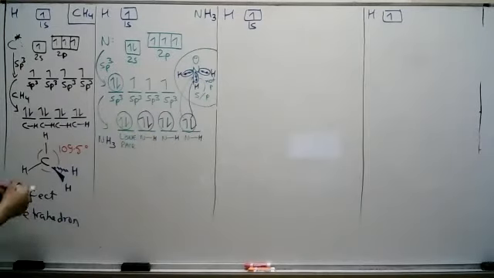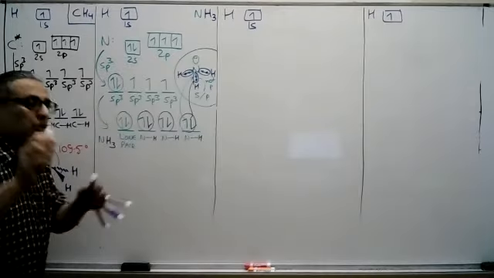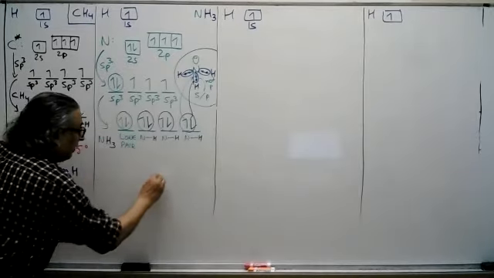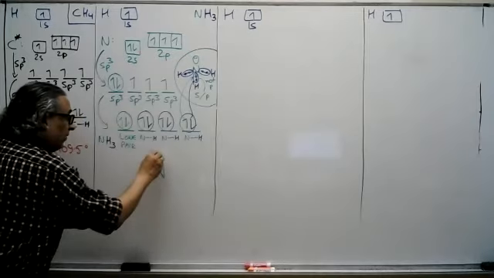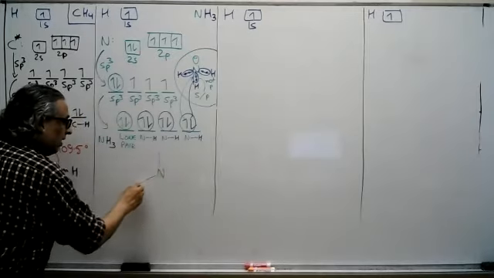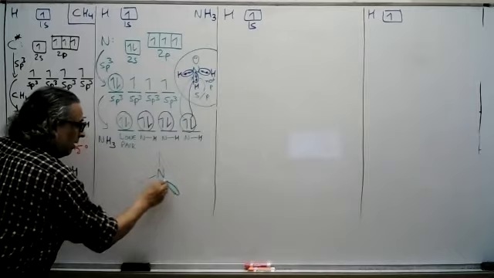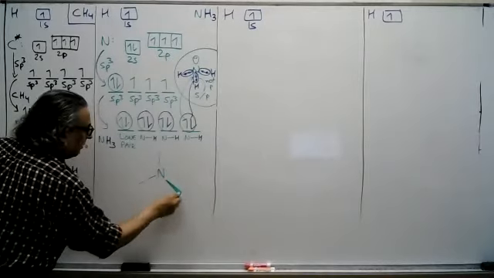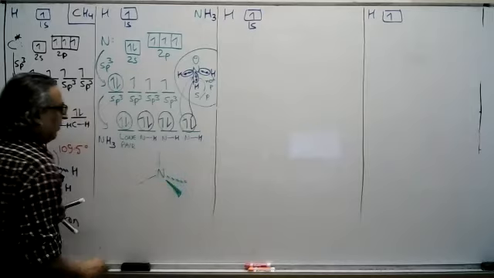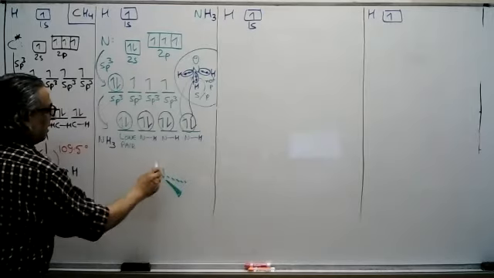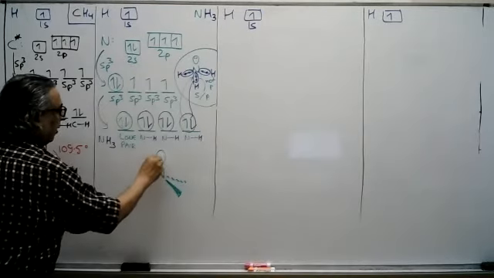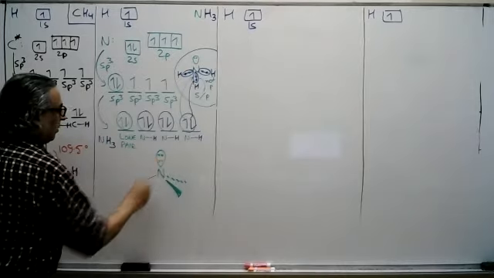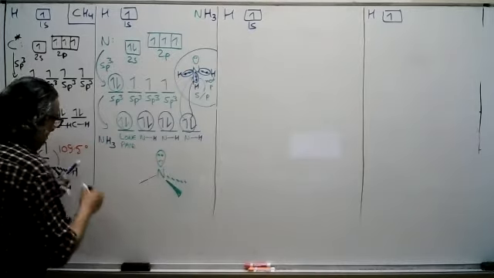Again, the shape of the molecule will be sort of a tetrahedral, but not a perfect tetrahedral. So you have to draw a wedge and a dashed line. What I'm going to do is make it simple for you. I'll put the lone pair up here, like a little ghost, friendly ghost.